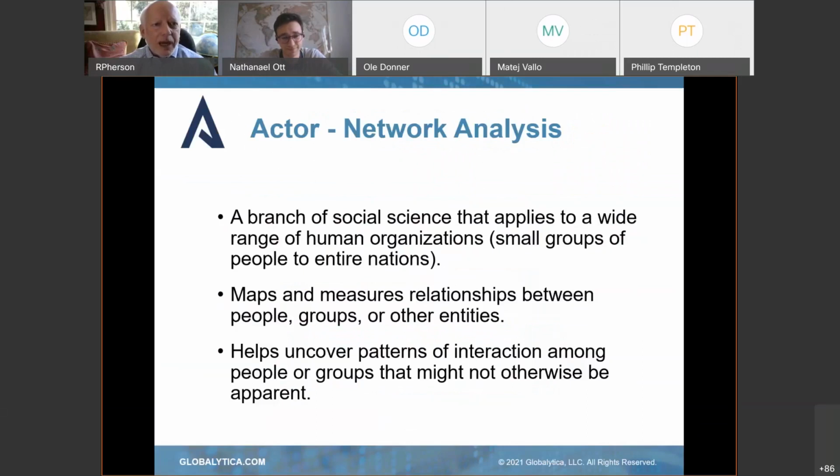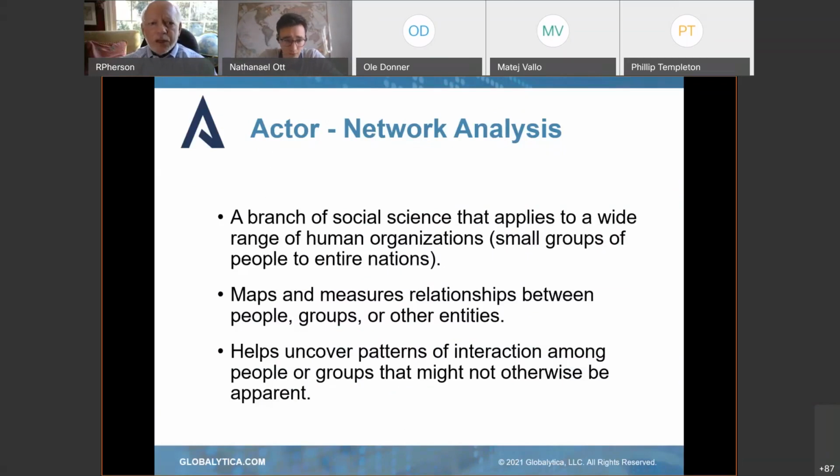So what is it? We're looking at actor network analysis. Actually, it's become a very robust science. There are a lot of entities and labs that have developed methods for doing basically link analysis, network analysis, social network analysis. And it can get pretty complicated with algorithms, as you will hear about later on in the presentation.